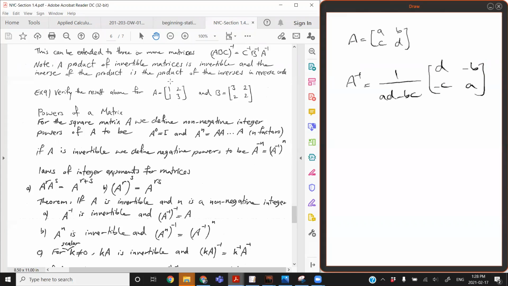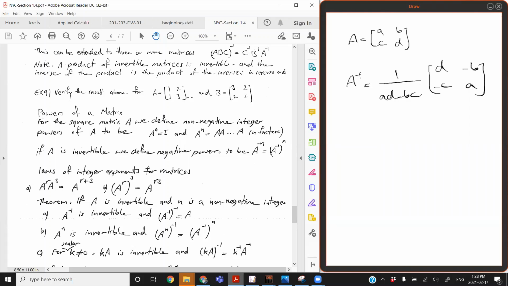So if you look at this matrix here, the determinant is 3 minus 2, which is 1. So this is invertible. When you look at this one, the determinant is 6 minus 4, which is 2. So this one is also invertible.